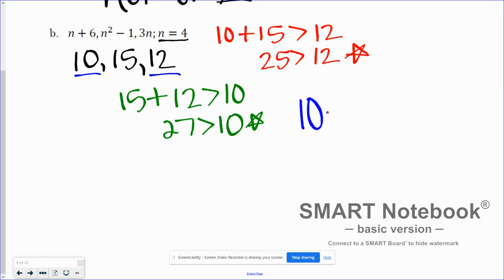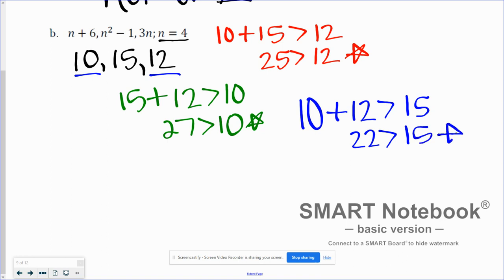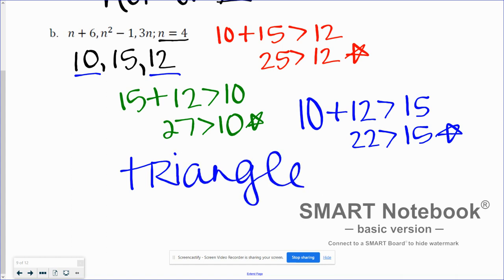So 10 plus 12 has to be greater than 15. 10 plus 12 is 22. 22 is greater than 15, so it passes. So this one is a triangle. Because the sum of any two sides must be greater than the third side.